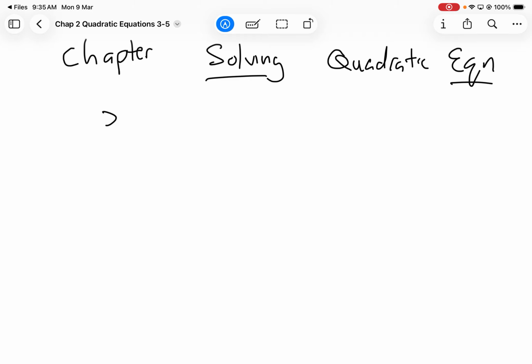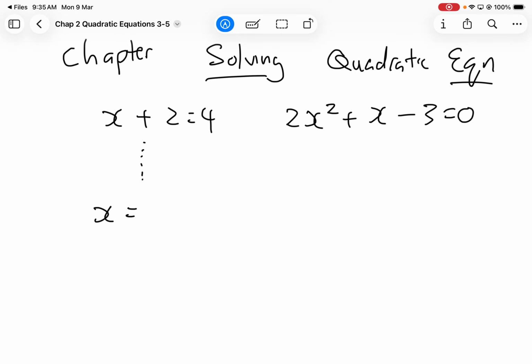Whether it is x plus 2 equals to 4, or in this case, let's say 2x squared plus x minus 3 equals to 0. All these we are trying to write equation until I know what is x. That is the basic. Chapter 2, I am solving equation.